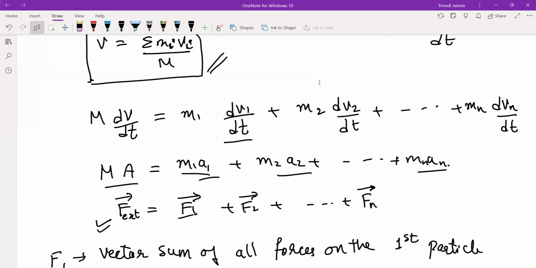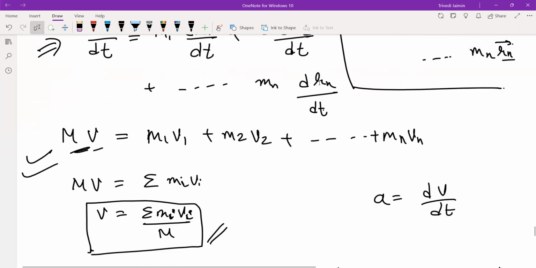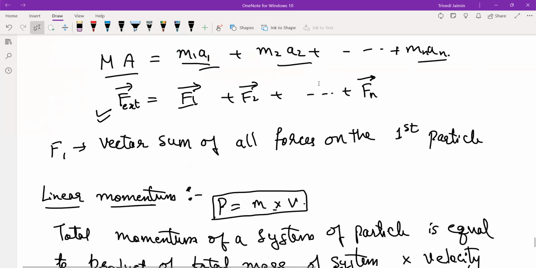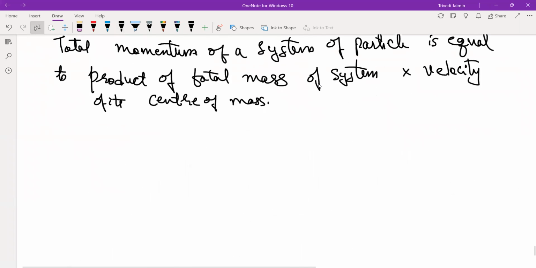It will be for P1, P2, P3. P1 will be M1 V1, I can use this as a momentum. Now the velocity of center of mass, let's take this as VCM.